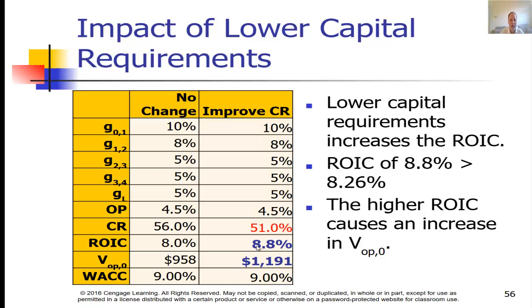Again, we have ROIC at 8.8, WACC at 9. It's still not good, but it's not as bad as it was. So lower capital requirements increase the ROIC, and the ROIC causes an increase in the value of operations.